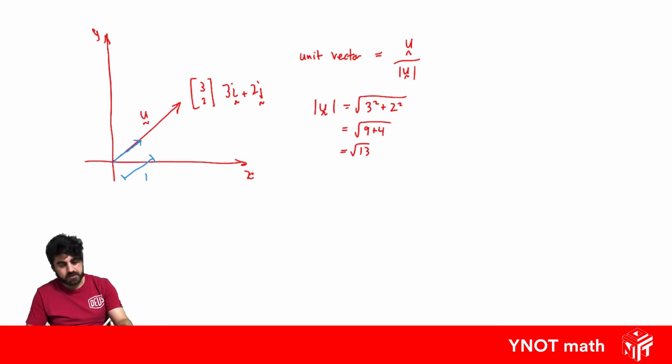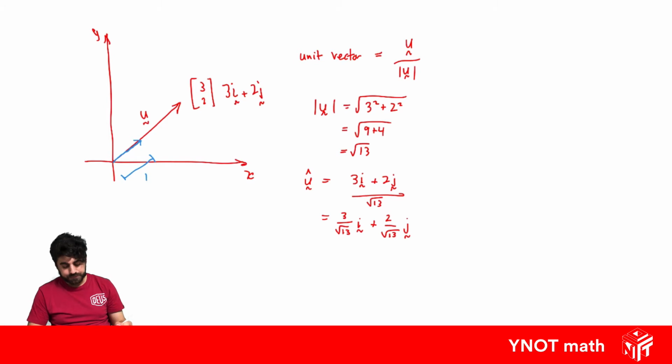So the unit vector that'll be parallel to u, or u hat, is going to be the vector itself, 3i plus 2j, divided by its magnitude, which is root 13. Another way to write that is 3 over root 13 i plus 2 over root 13 j.